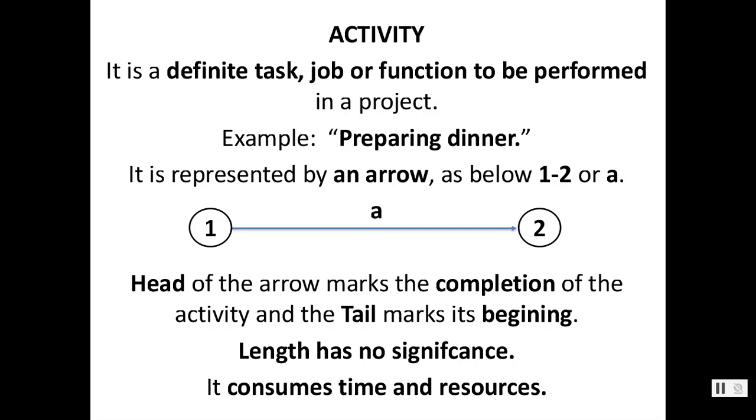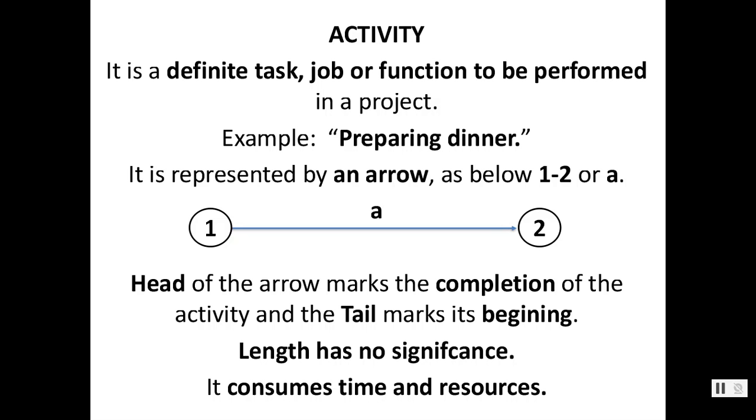Before moving ahead, we will discuss 2-3 important words which will be used time and again. First is activity. Activity is a definite task, job or function. It is assigned to a person or a department. It is required to be performed in the project.